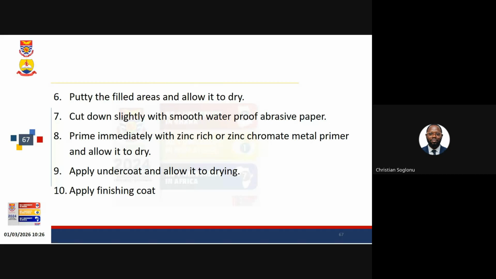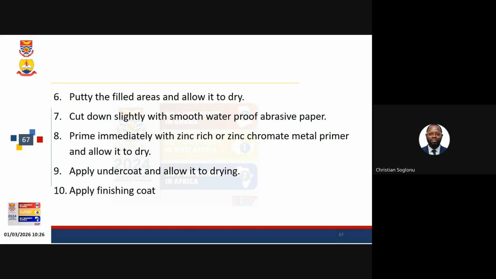You apply your primer, which is the zinc chromate or zinc rich, on the surface after you are done with your sandpaper. Then you apply undercoats and allow it to dry.